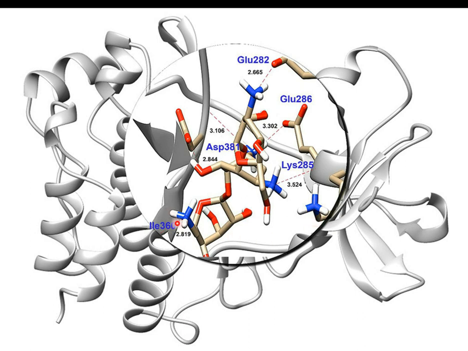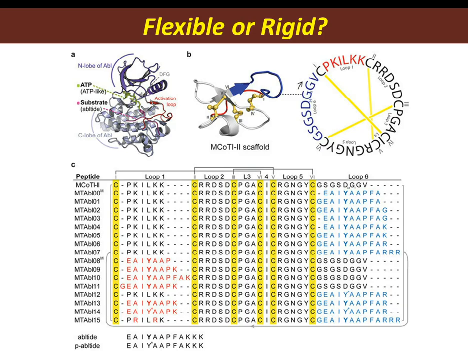The catalytic amino acids in the loop region are to be noted down separately in your observation book, so that you can use this information later on. Flexible or rigid: as you all know, during the catalytic activity of an enzyme or a response given by a protein, responsiveness is possible only when the protein is flexible.